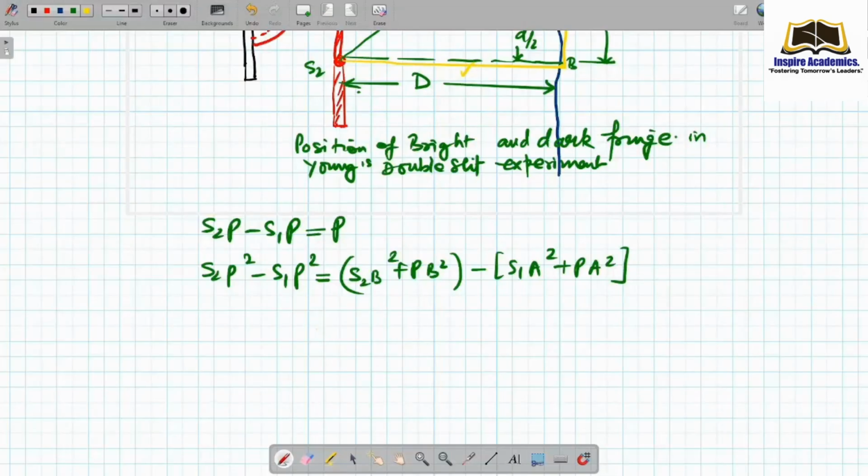Now let's write down this thing, distance. S2B would be capital D square plus PB को हम क्या लिख सकते हैं? S2B would be D square plus PB को हम लिख सकते हैं x plus d by 2. Can you check on your end? Can we write it like that?